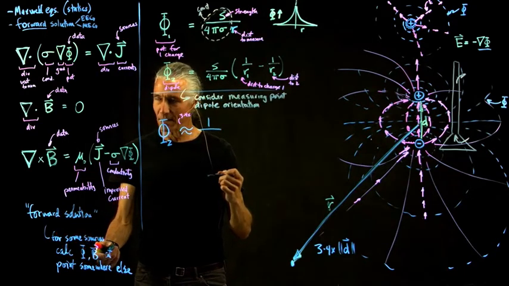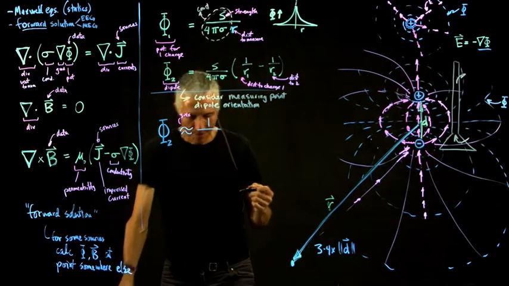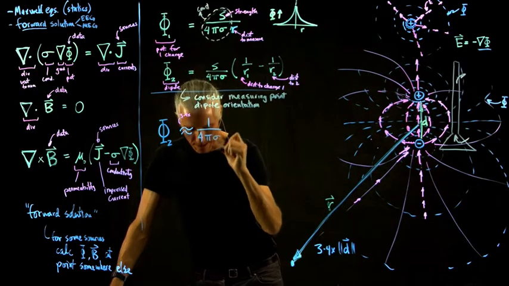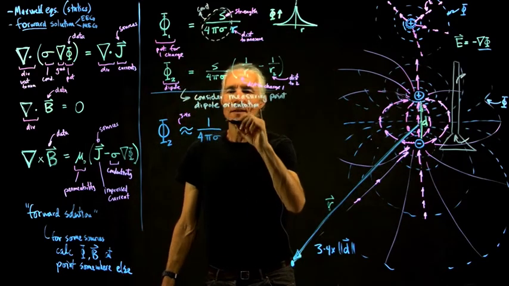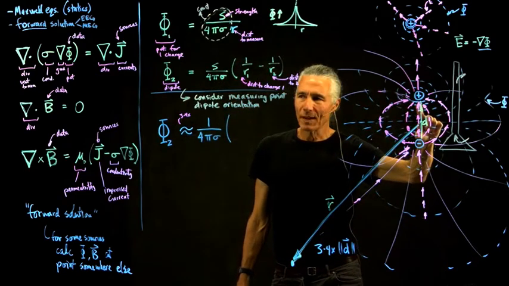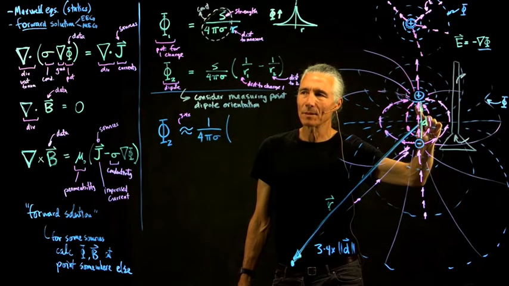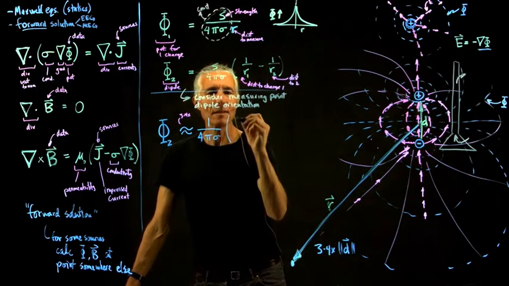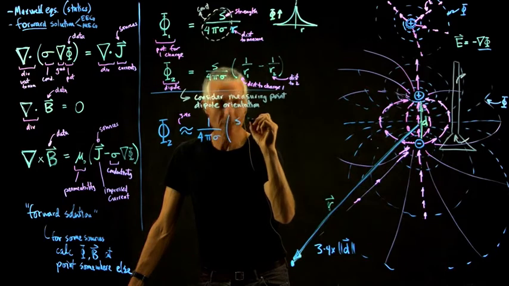And so our basic forward solution equation, forward solution meaning for some sources calculate what the potential or the magnetic field is, for the potential is just 4 pi times conductivity again. But now we've got a dipole vector that tells us what's the spacing between the source and the sink, and then we have another measuring point vector. And so here's what the equation is.